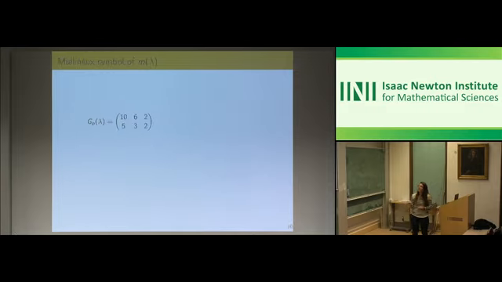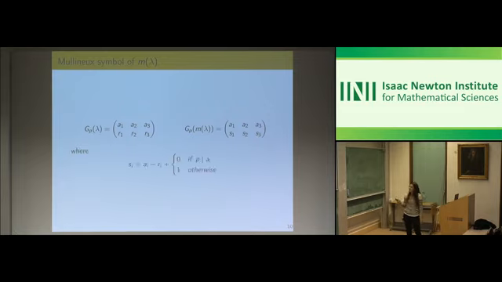I had this symbol. I denote the numbers with these letters, and then the symbol of the partition that I'm looking for is this one, where s_i is a_i minus r_i plus 0 or 1 if p divides i or not. Okay? So I have a new symbol.